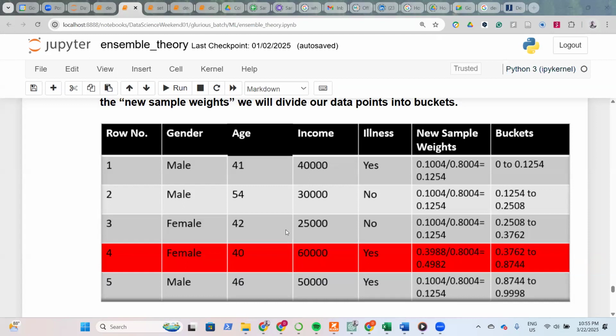When you do this division, this 0.1 divided by all of this, you are going to have 0.125. So the first bucket will be from 0 to 0.125. The second bucket will be from this one to this one times 2. If you take 0.125 plus 0.1254, if you multiply this number by 2, it will give you 0.258.